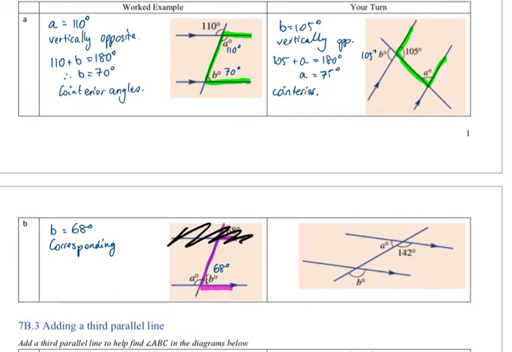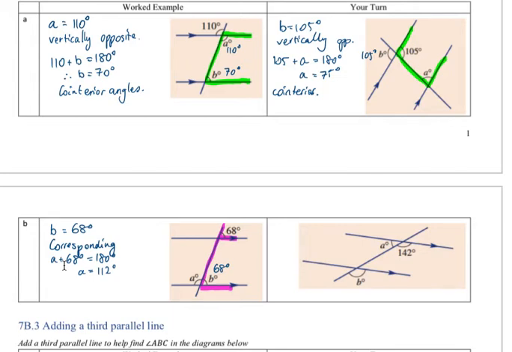And that A plus B has to equal 180 degrees because it's a straight line. So if that's the case, then let's go and say A plus B, now B in this case is 68 degrees, has to equal 180 degrees. Therefore, A has to equal 180 minus 68, which is going to be 112 degrees.